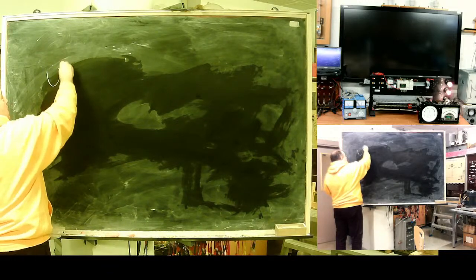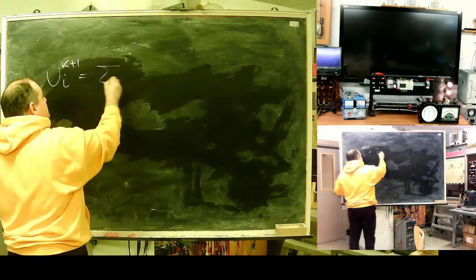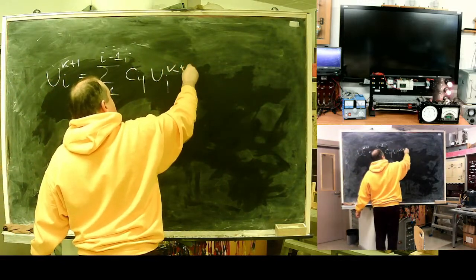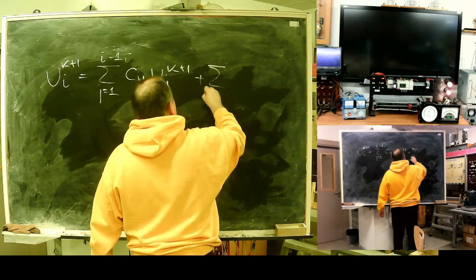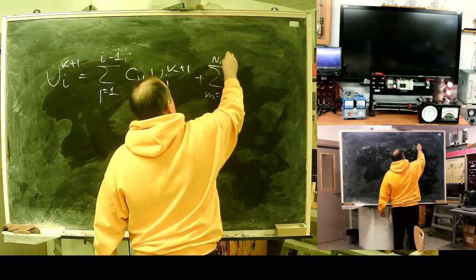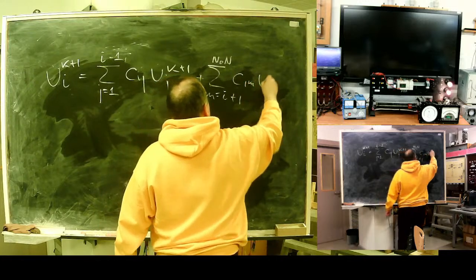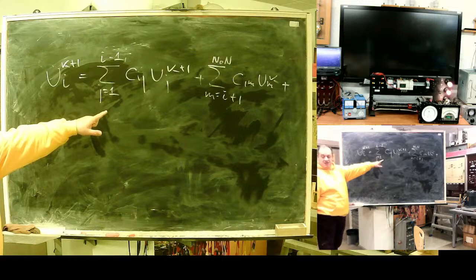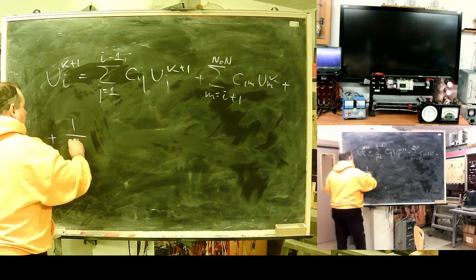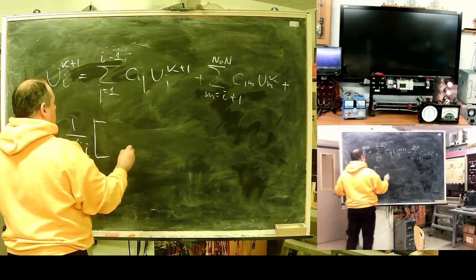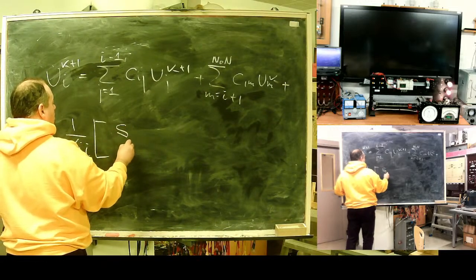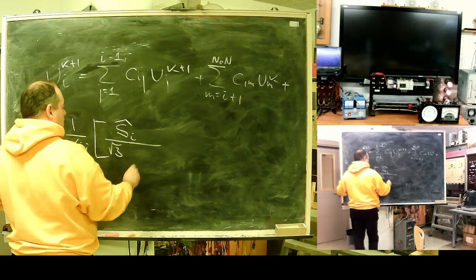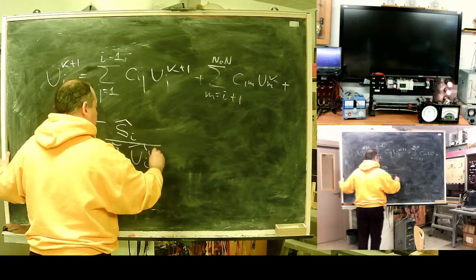Node voltage of node I next can be found as a sum where m from 1 to I minus 1, C_IM U_M next, plus a sum where m changes from I plus 1 to the number of nodes, C_IM U_M previous, plus, this part is like previous electrotechnics theory, 1 divided by power in node I conjugate divided by square root of 3 times voltage I conjugated previous.